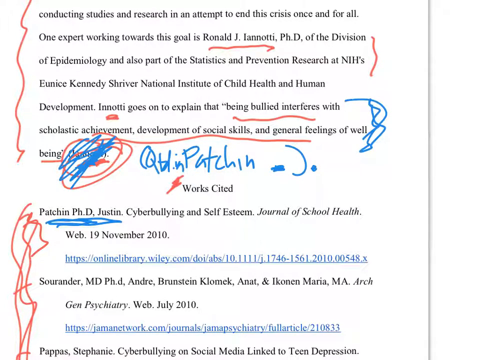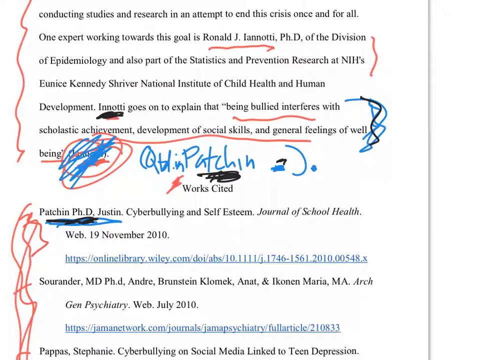That indicates to the reader that the student has consulted Patchen's source, and within that source, Patchen is quoting Iannotti. That way, I can go here, and if there's a page number, I can go there. I can then find this source, go to this page if available, and I should be able to find this quote by this other author. So that's the way it has to be done. Otherwise, enough information is not being provided.